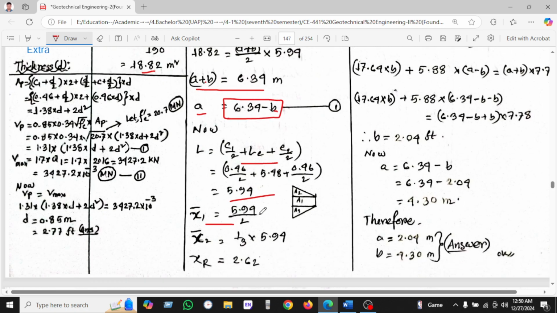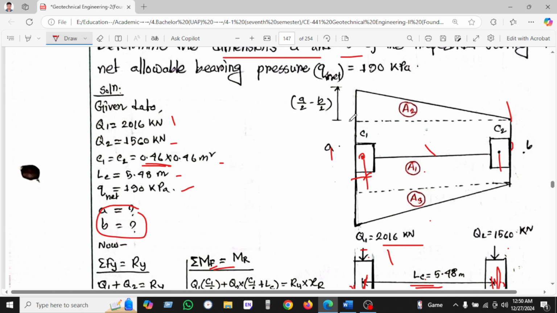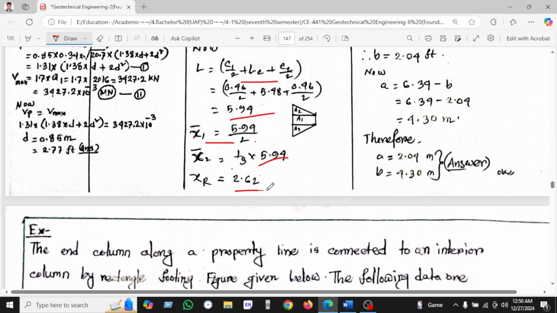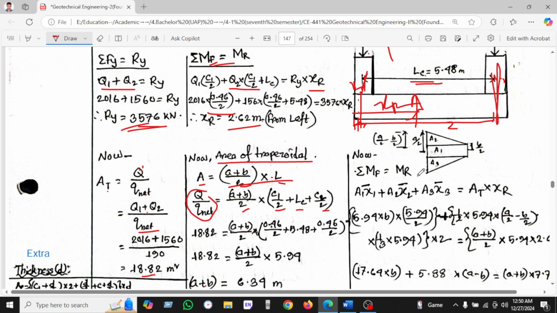So we can see 5.94 divided by 2. And x2 is 1/3 into L, where L is 5.94, and 2.62. Now we will take the moment of force and the resisting moment.